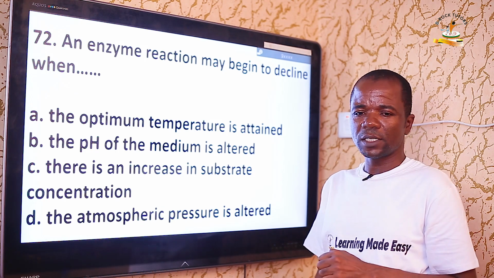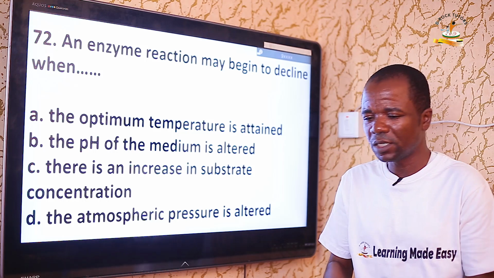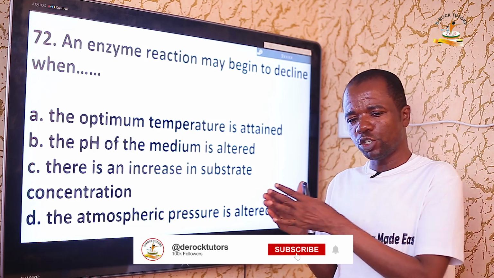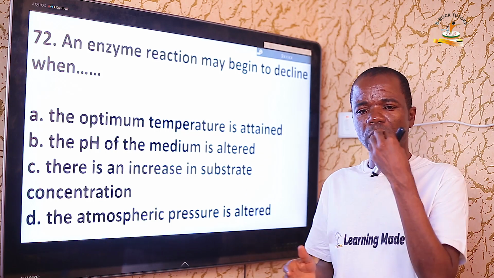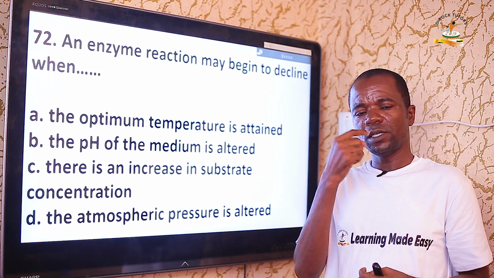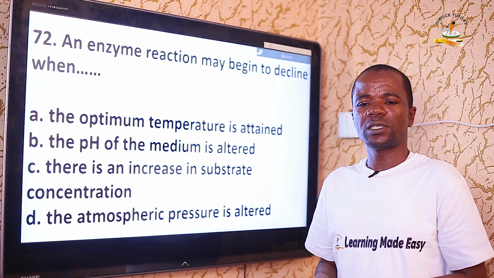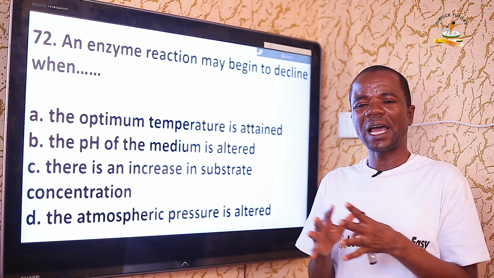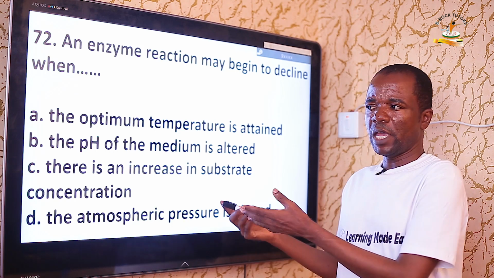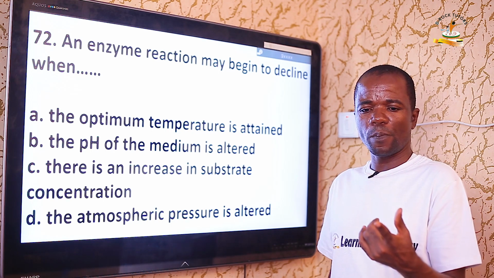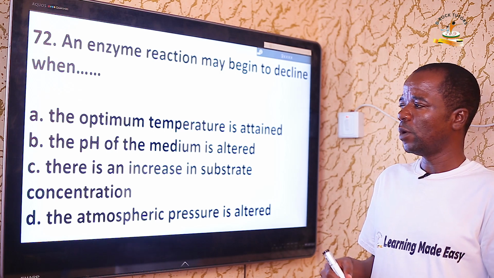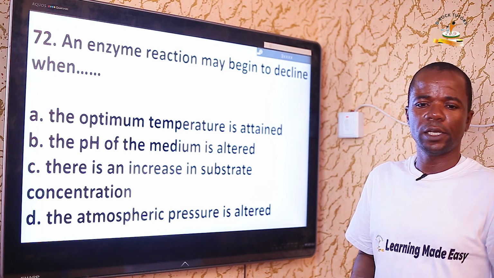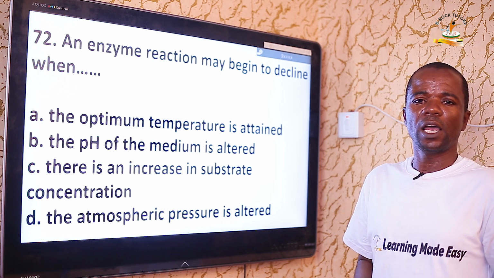But another characteristic of enzymes that is very important is that enzymes are also pH dependent. Enzymes can only act in certain pH. For example, ptyalin, that is the salivary amylase, the enzyme present in the saliva, can only act in alkaline medium. And the enzymes located in our stomach, pepsin and renin, can only work in acidic medium. So imagine that we have ptyalin that can only work in alkaline medium.